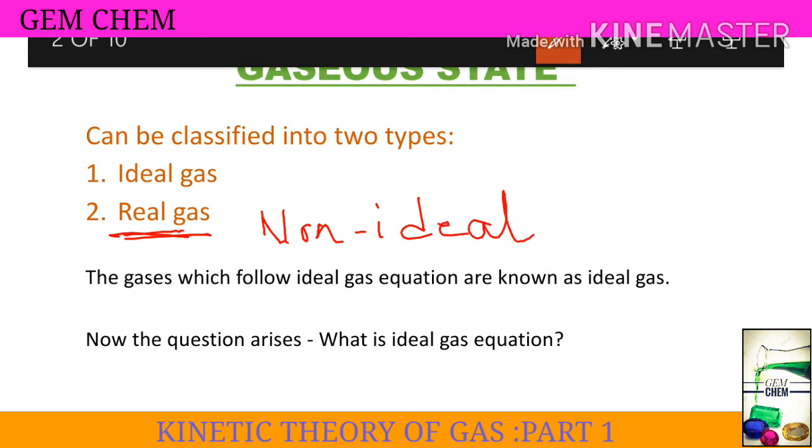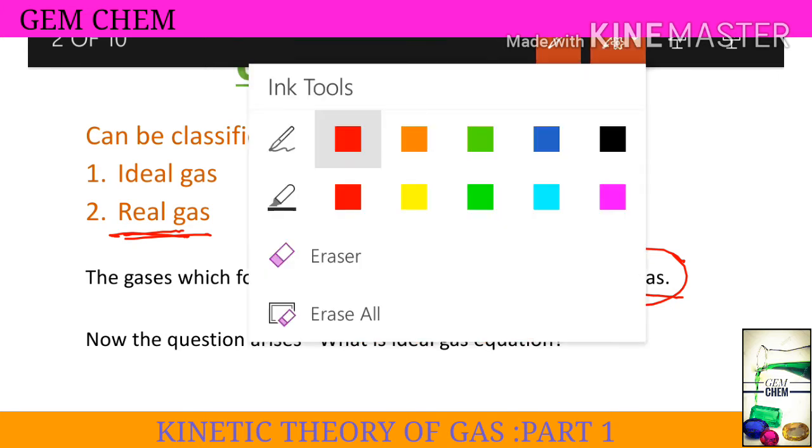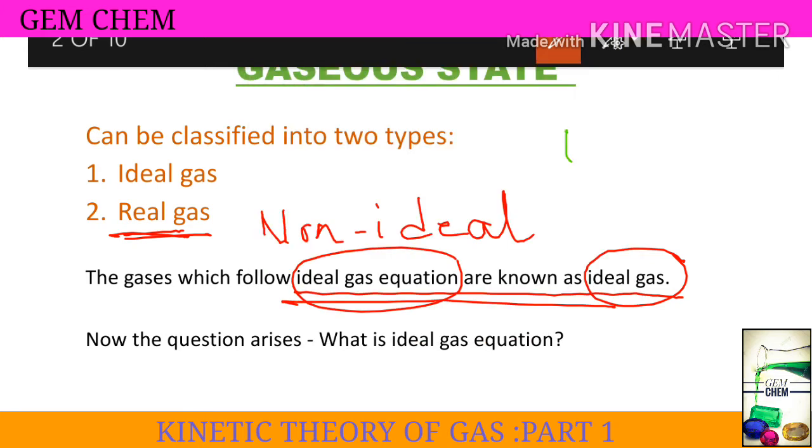Now this ideal gas follows the equation of state for ideal gas. This is important. Ideal gas follows the ideal gas equation. This gas equation is mainly PV equal to nRT.